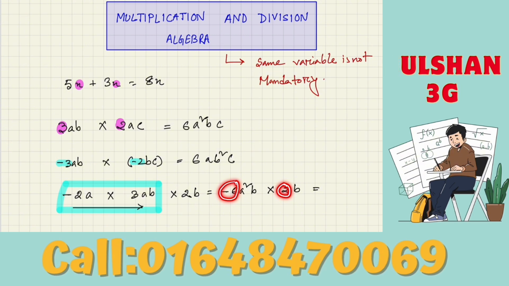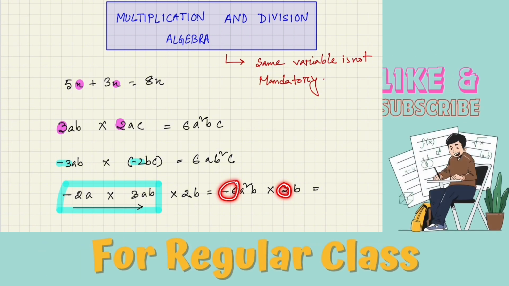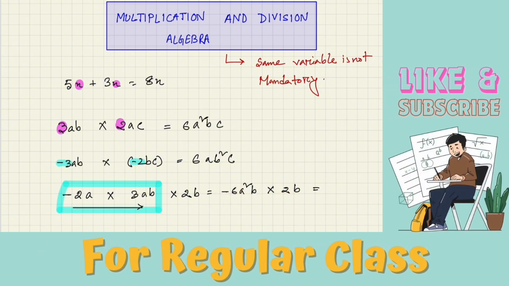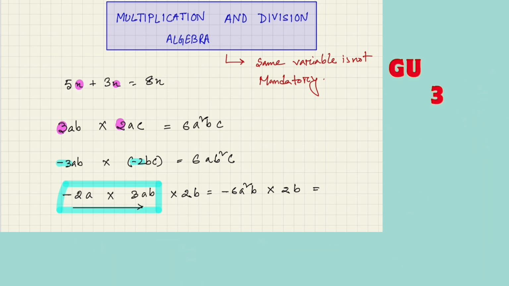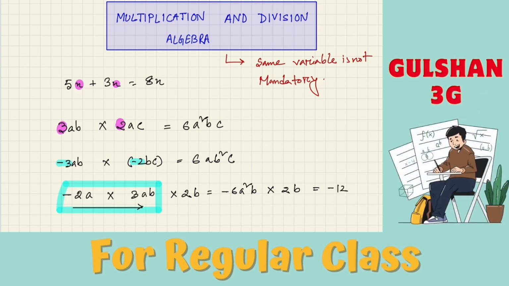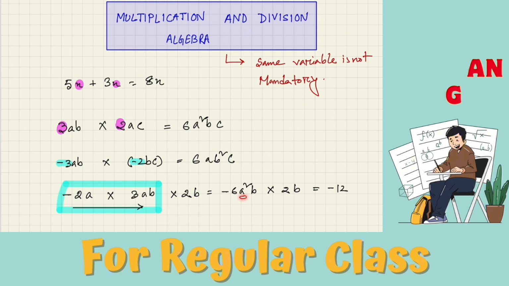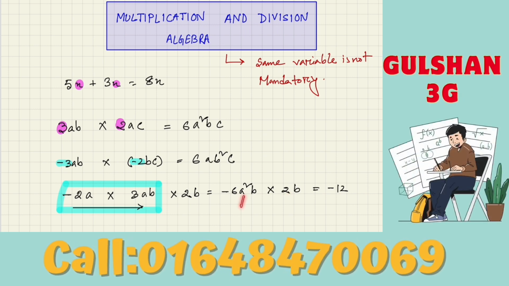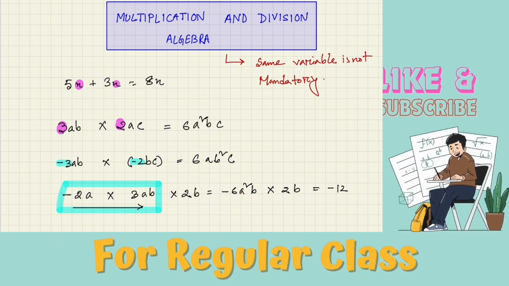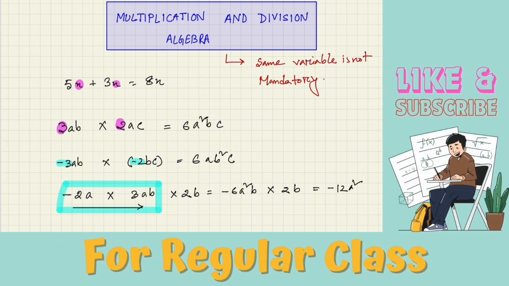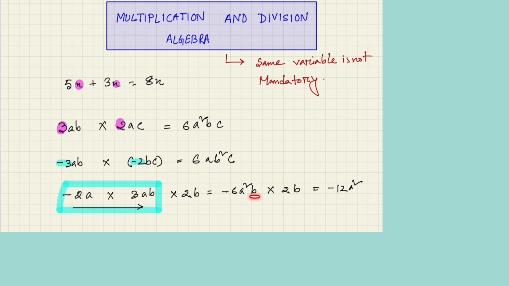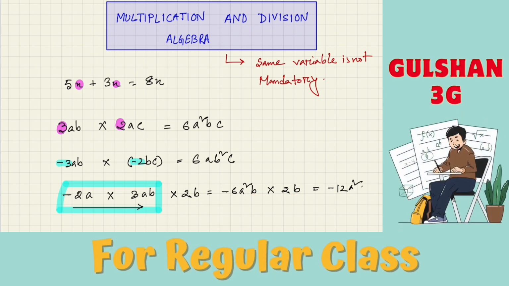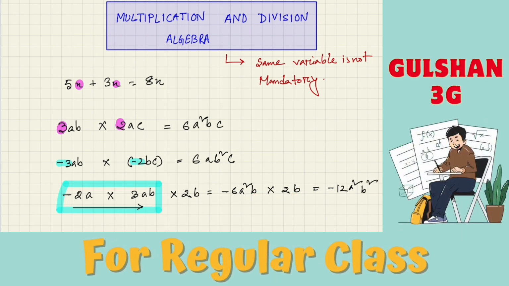One negative and one positive number will create a negative number. So minus 6 multiplied by 2 will be minus 12. There are 2a, so a square. And how many b's? There is 2b, so the result will be b square.